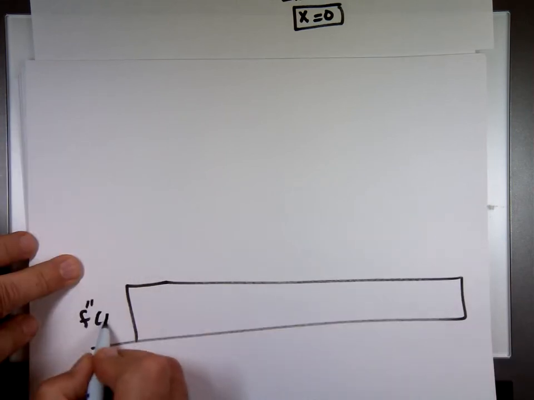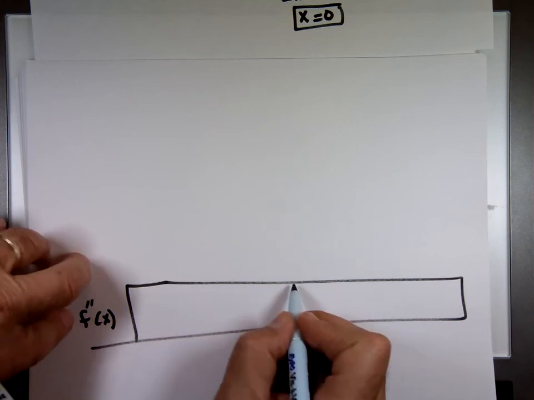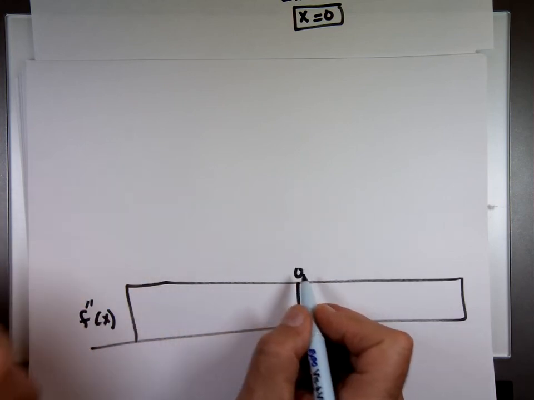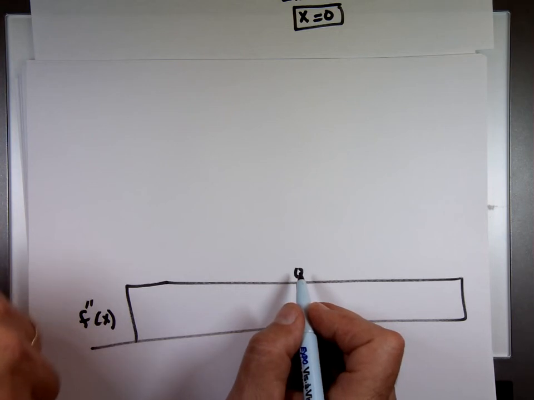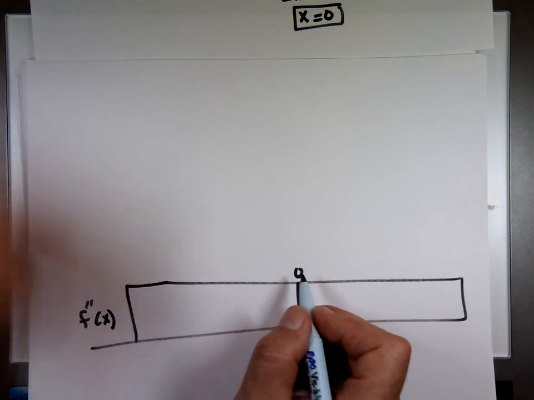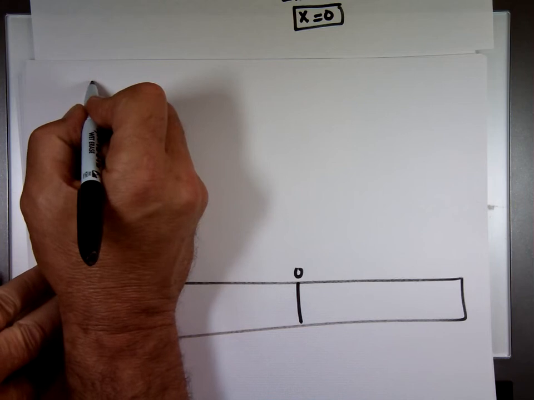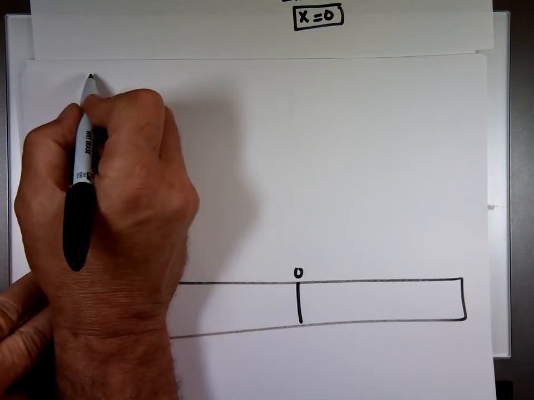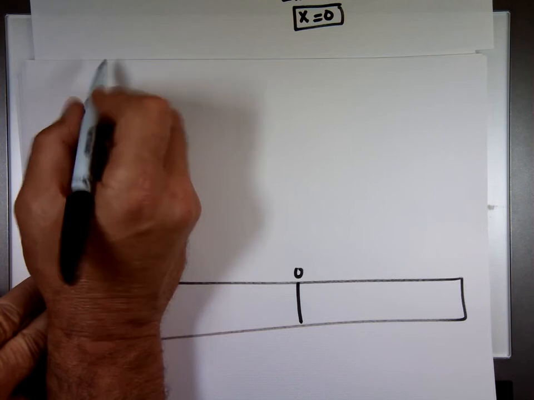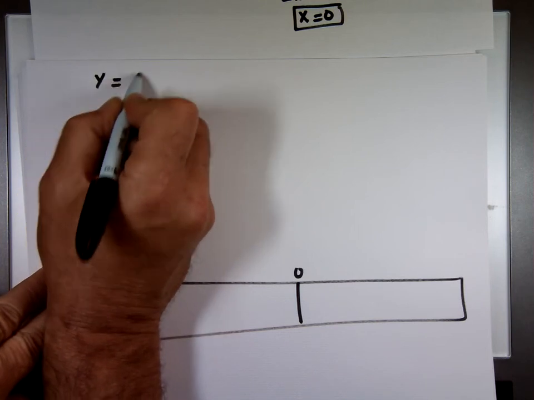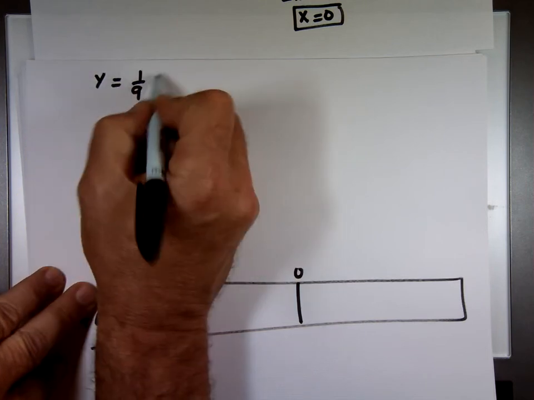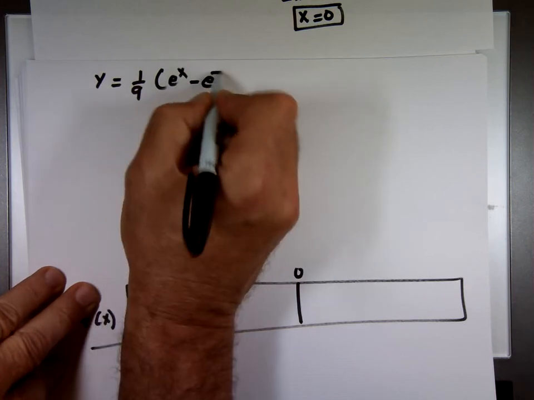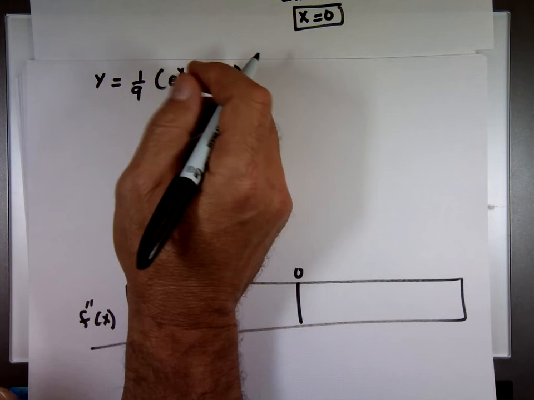Mr. McDonald, he's always like that. He's a nut. Plus, he can't really hear. You have to yell when you talk to him. He was my teacher in 1978. So, y equals 1/9 (e to the x plus e to the minus x). Plus, they're not doing calculus. If they were doing calculus, different story.